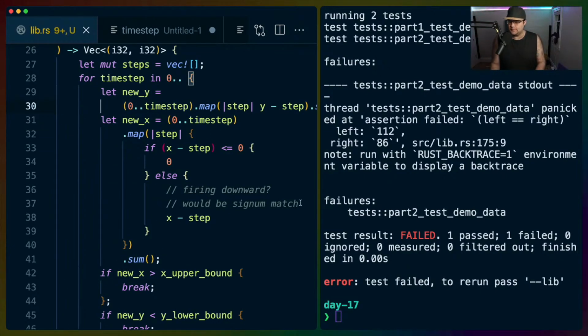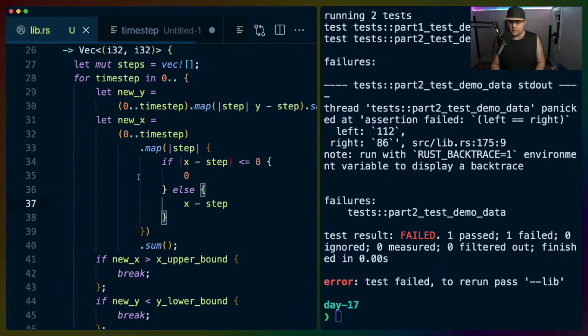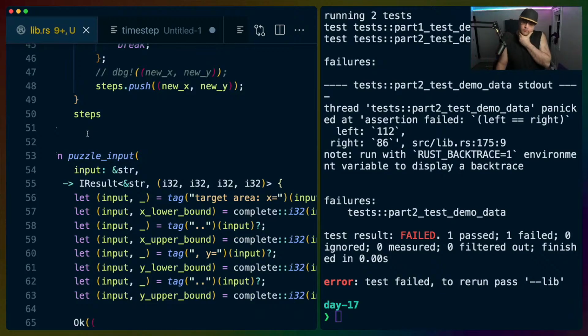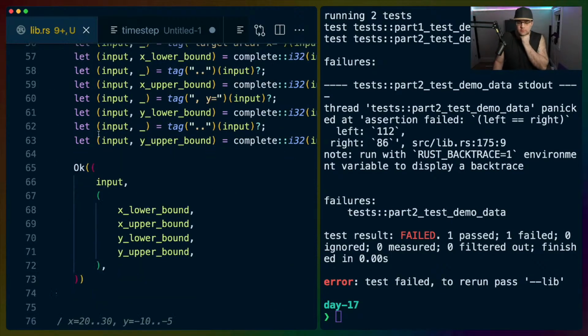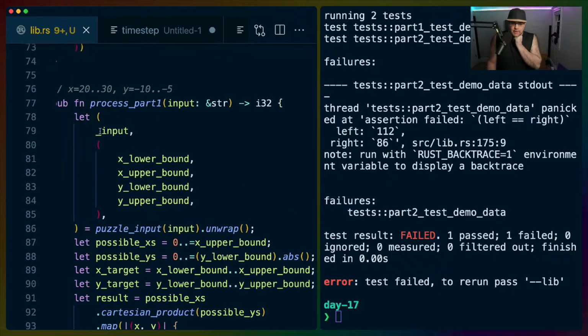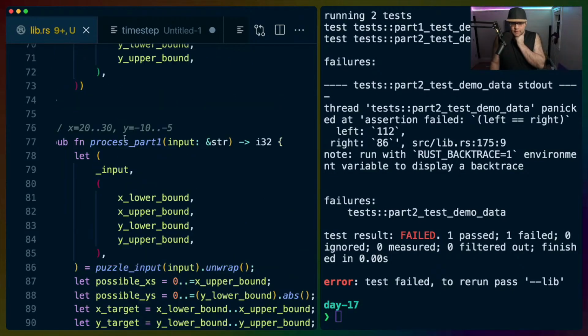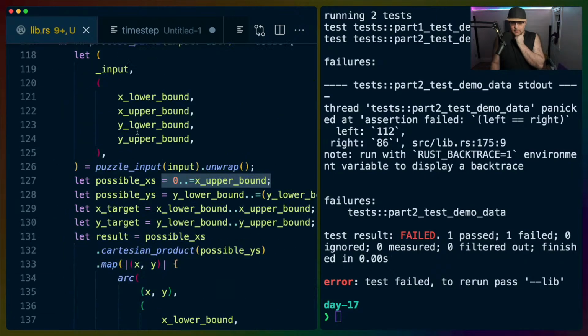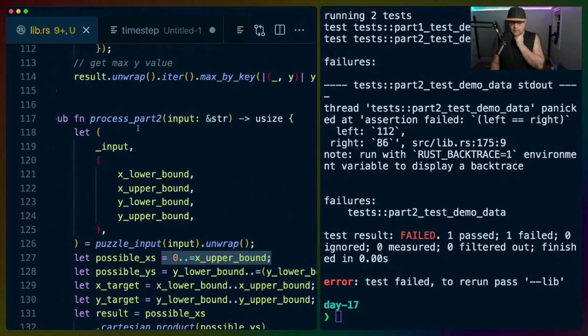This already works. I don't think that's a valid comment. We're generating the possible input. Are we generating the possible input in the best way? This is part one. Let's go to part two.